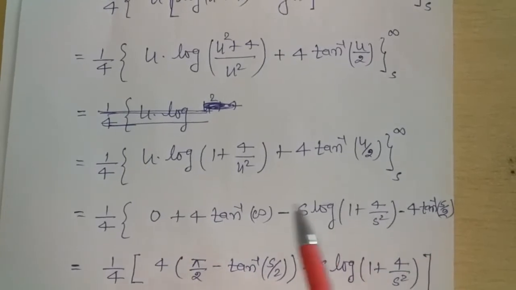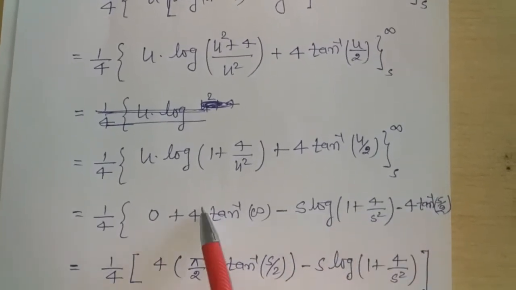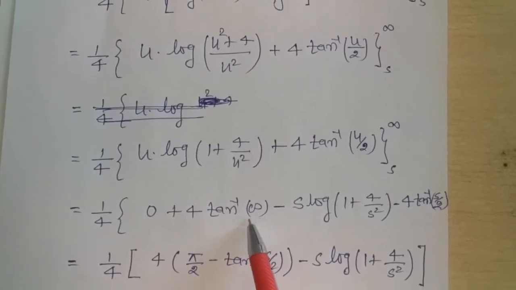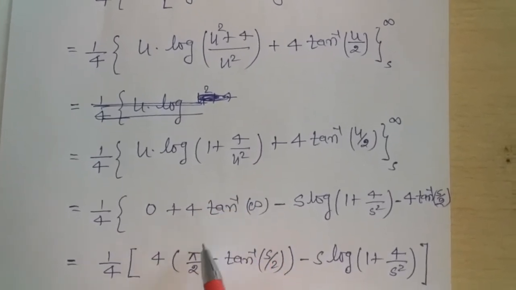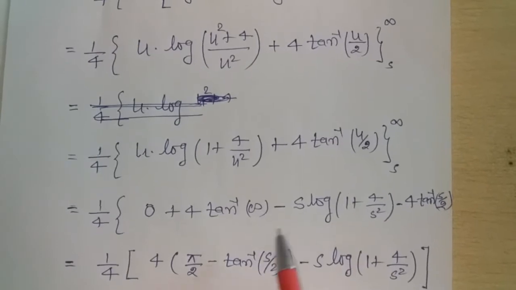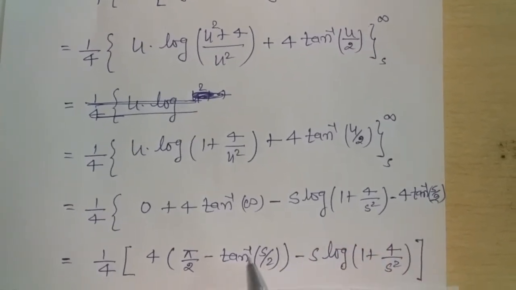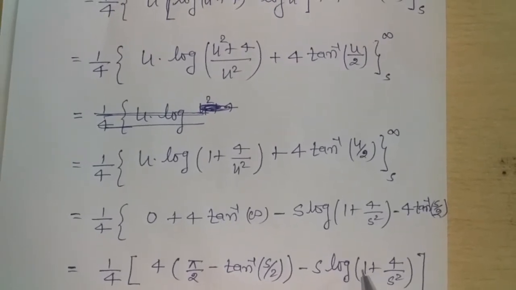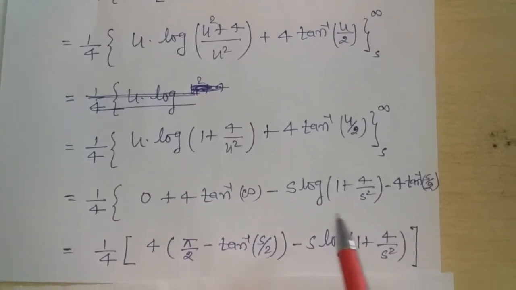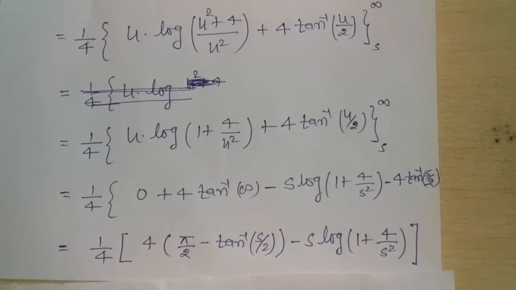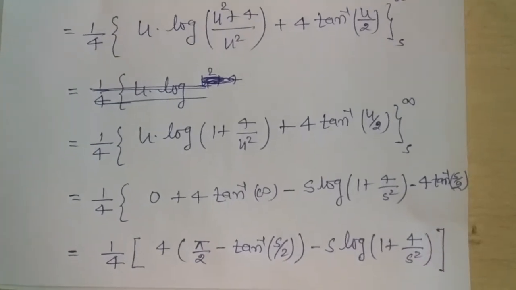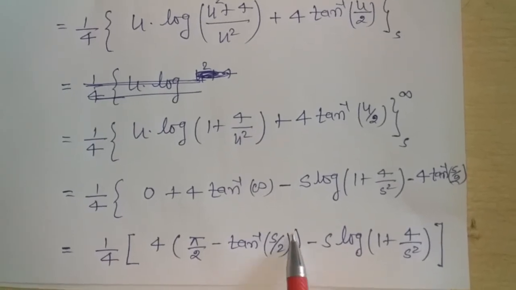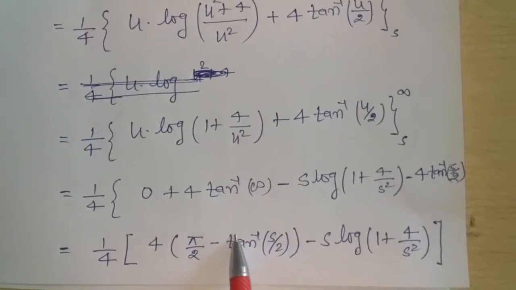From these two terms we take 4 common, so we have tan inverse infinity, and tan inverse infinity is pi/2, minus tan inverse (s/2), minus s log(1 + 4/s²). Now pi/2 minus tan inverse (s/2) is what? Cot inverse (s/2).